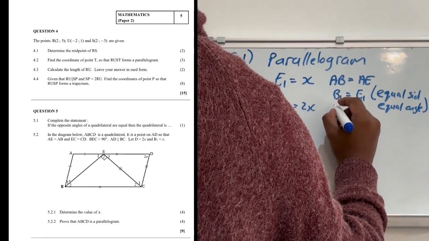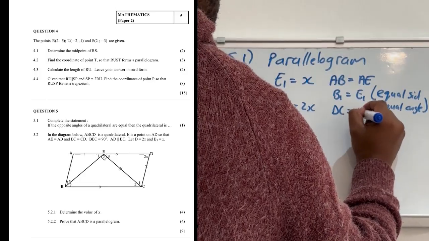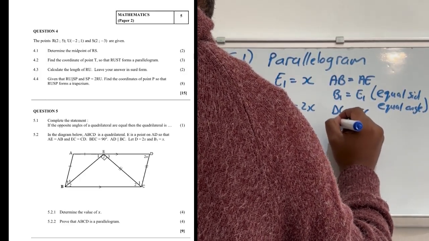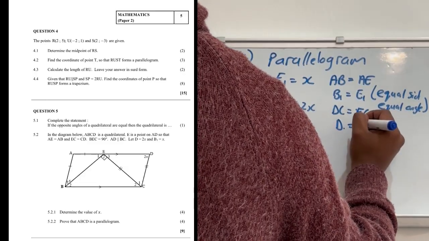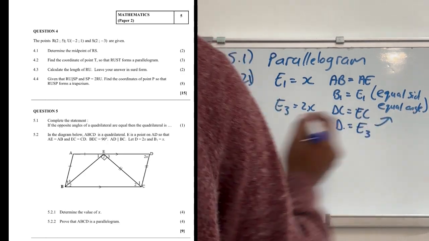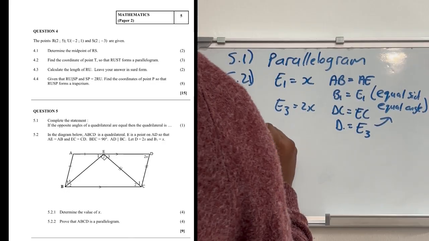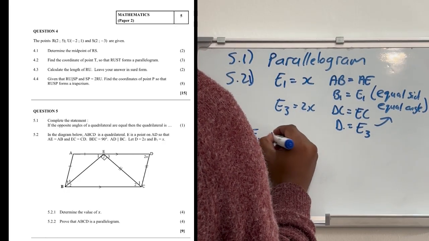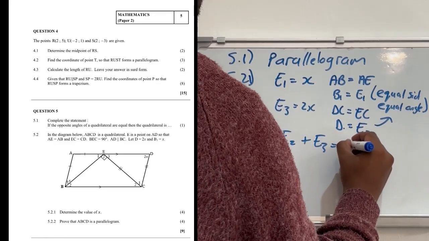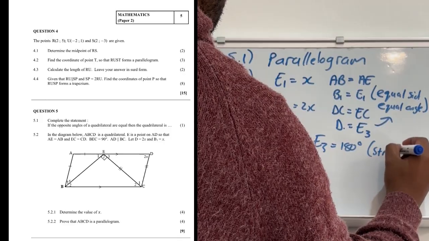That is because DC is equal to EC, and that means that angle D is equal to E3. It's the same thing as that. So then we can say E1 plus E2 plus E3 is equal to 180 degrees, the sum of angles on a straight line.